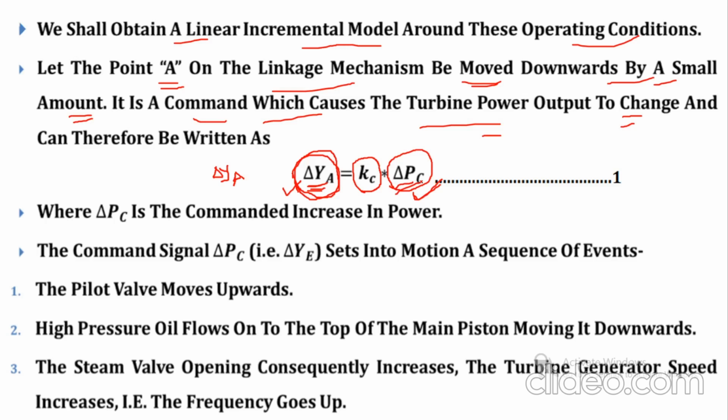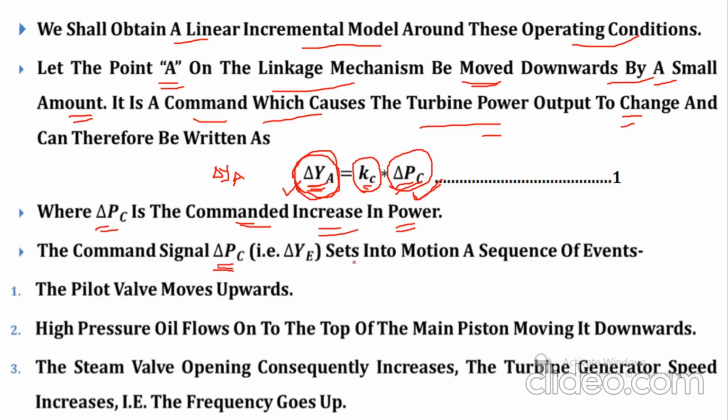As we change the valve setting, the amount of power will also change in the same way. So that is the proportionality between delta Y and delta P. This delta PC is the command signal, commanded as an increase in power.